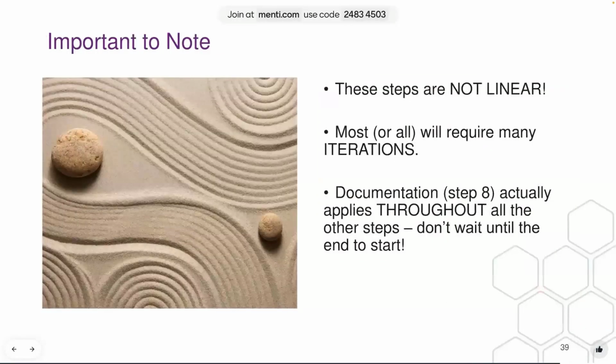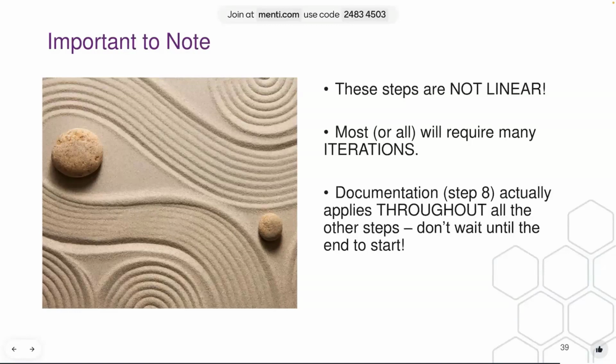Which brings me to just a few things to note as we head towards the end of the presentation. And that's that these steps that I've outlined, so these 8 steps, they're not linear. So there's going to be many points from each step that you'll need to return to or apply throughout the research process. For instance, documenting your research is something that you're going to want to apply from the beginning.